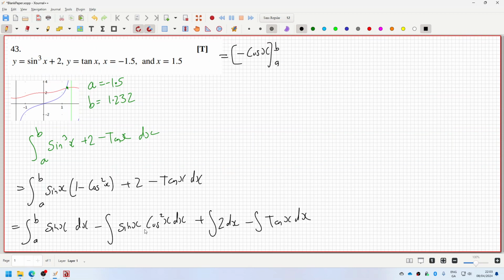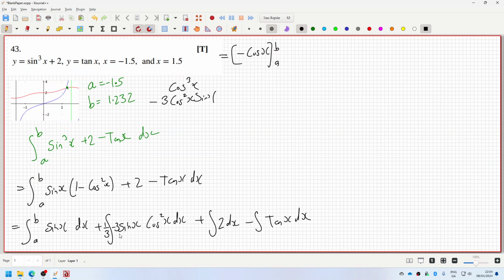This one here is, let me think, the derivative of cos cubed x is 3 cos squared x minus sine x. So what I'll do is I'll put the minus on the inside with a 3 and a third on the outside.